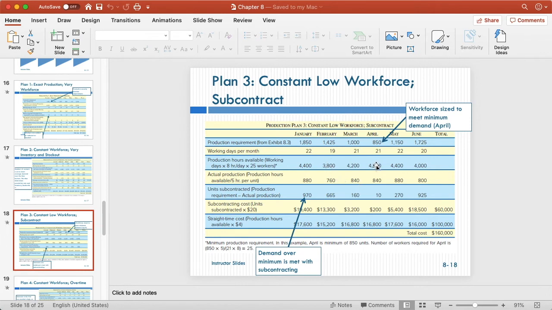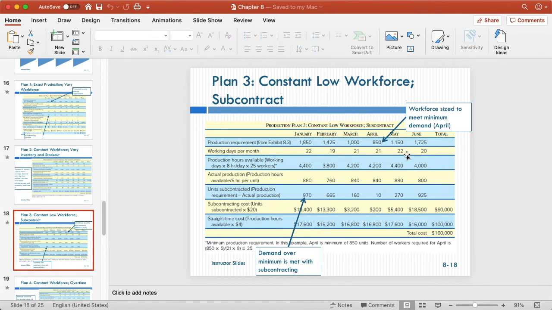Let's look at this plan. Before we calculate everything, we first need to calculate the constant worker number. Since we need to pick the lowest one, we just look at the first row. 850 is the lowest production requirement.